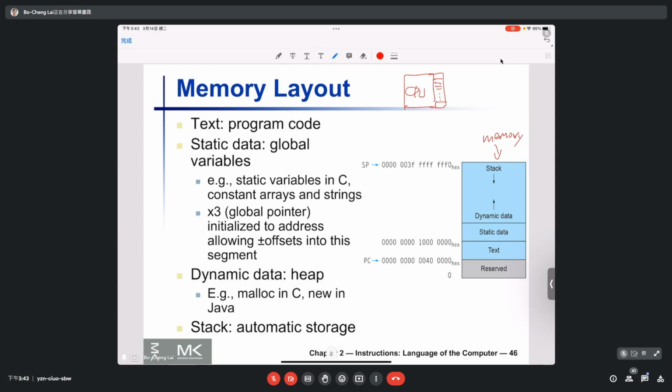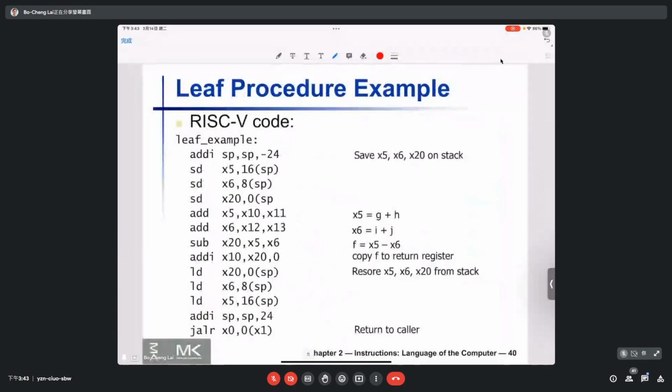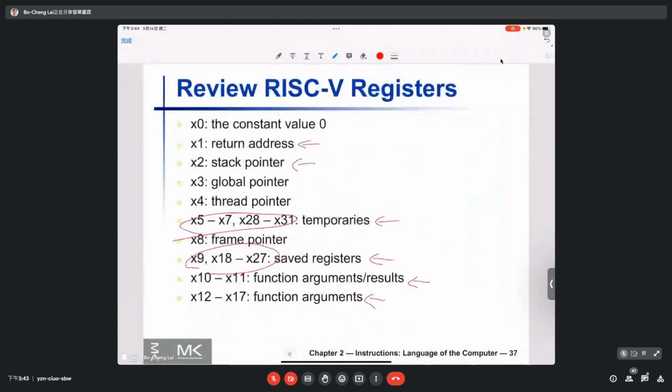The nickname for x3 is GP, the global pointer. If we go back to register usage, you will see different usage of registers here. So x3 here, we use for global pointer.